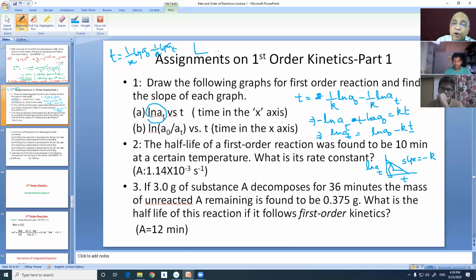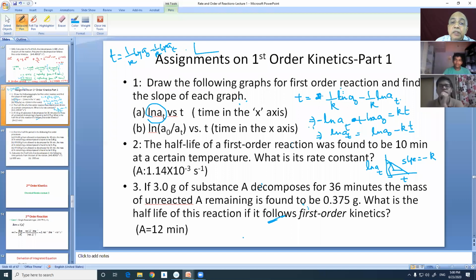So a graph of t versus, where is my pen, it is missing. Yes.